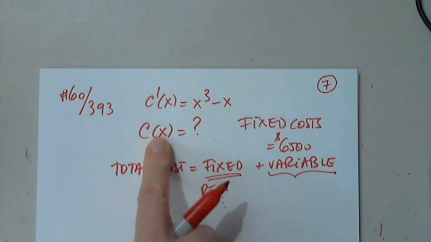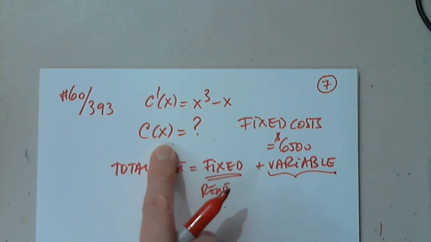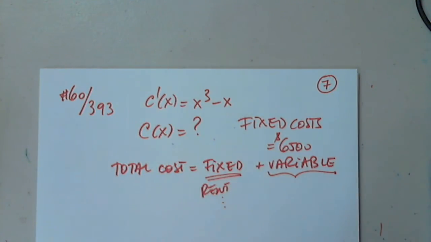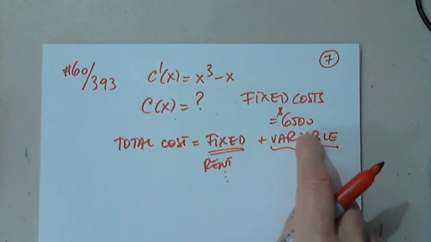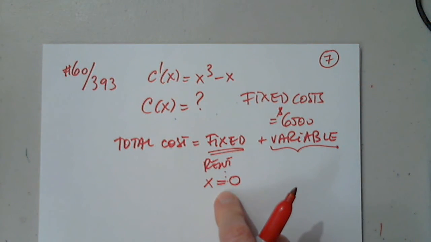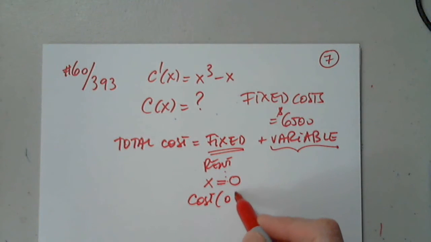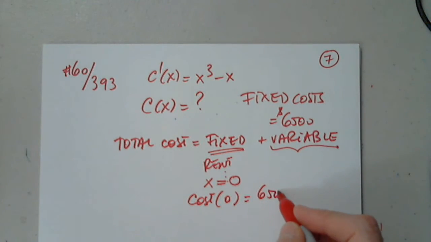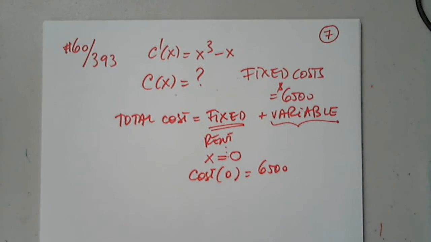They're asking us to find the antiderivative of this, the original cost function whose derivative is this. And they're telling us the fixed costs are 6,500, which means when the number of units is 0, we don't produce anything, the cost at 0 is 6,500. That's what it means. Okay, perfect.